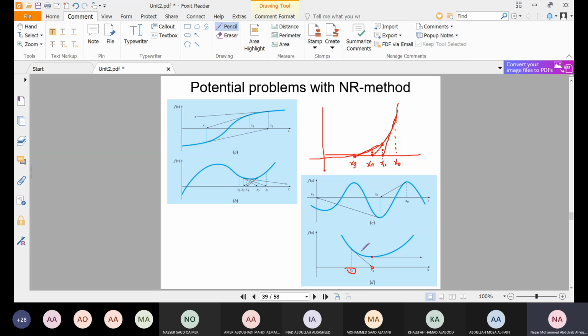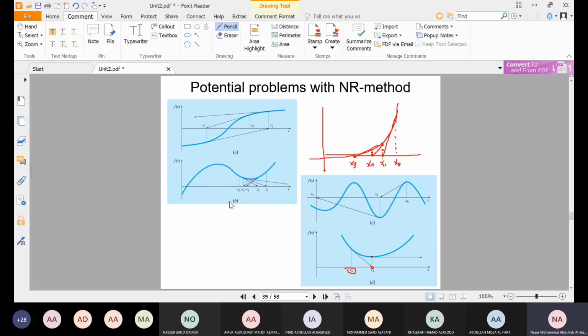Also in this figure, for example, in optimization problems, when we have a minimum or maximum, the slope will usually go constant like this. And sometimes the slope will ignore, for example, what we call the correct root, and will go away from the root that we have, because we depend here on the evaluation of the value of the function.